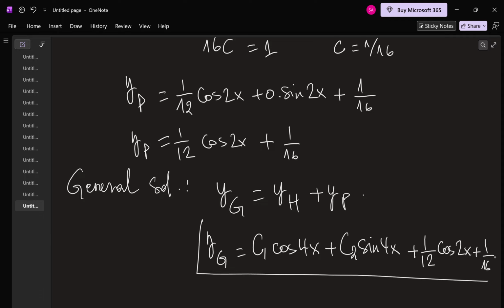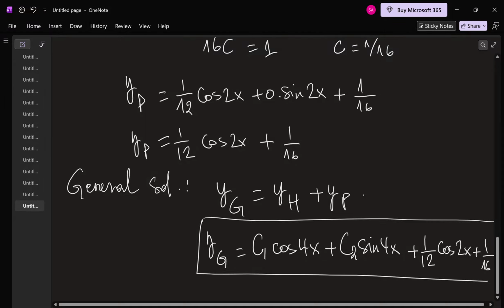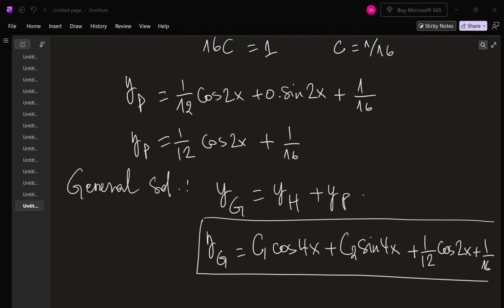So this is the final answer. Okay, is it clear for you? The particular solution plus the homogeneous solution.